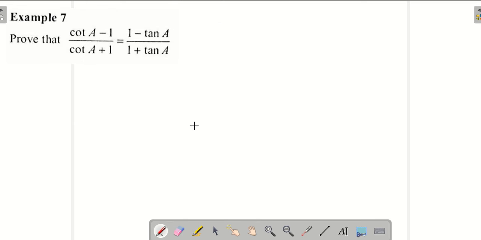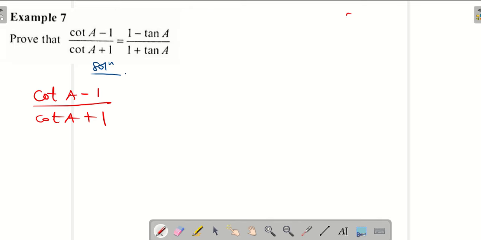Let's go to this. Prove that cot A minus 1 over cot A plus 1 is equal to 1 minus tan A over 1 plus tan A. Now we are going to start with the left hand side, which is cot A minus 1 over cot A plus 1.